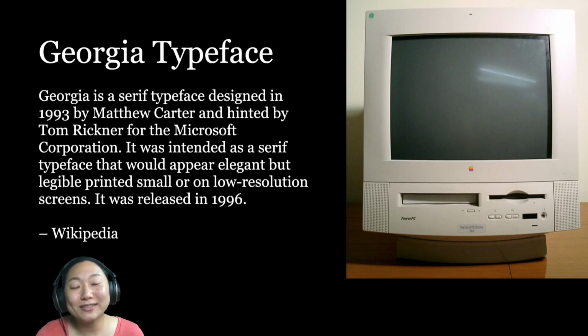But yet, we are still using the digital typefaces that were designed so long ago. I mean, so long ago in digital terms, that is. And here we can see an example of Georgia, a serif typeface that was designed in 1993 by Matthew Carter. And the chances are you probably have Georgia as a system font on your machine. And you can use Georgia in all these different places, but it was made so long ago. That's very interesting to think about.